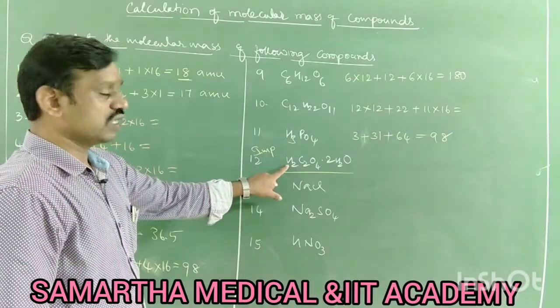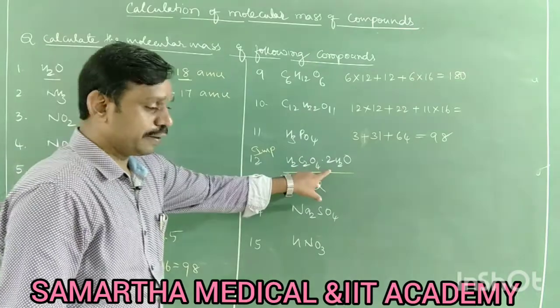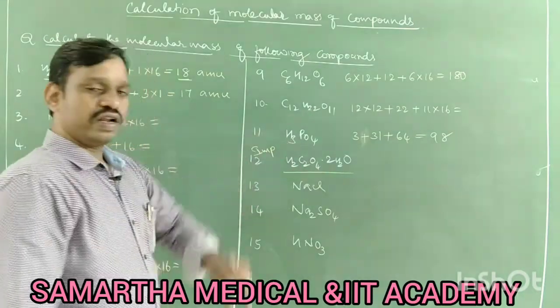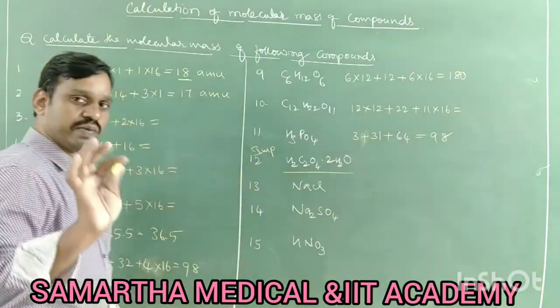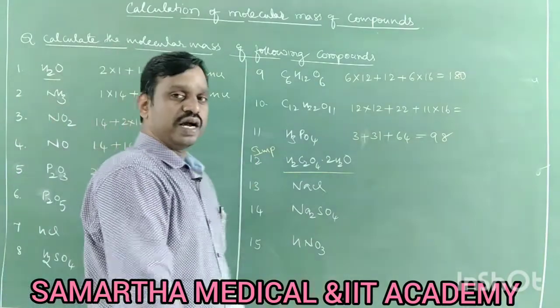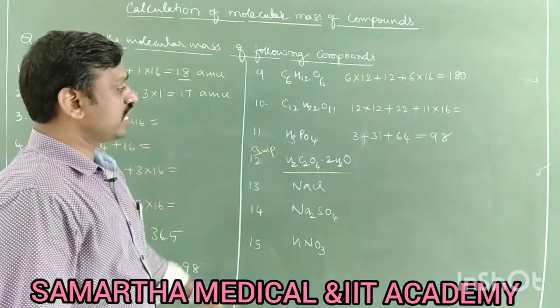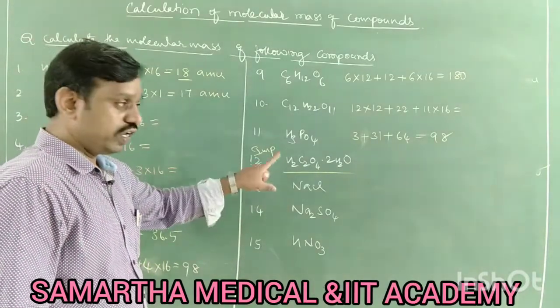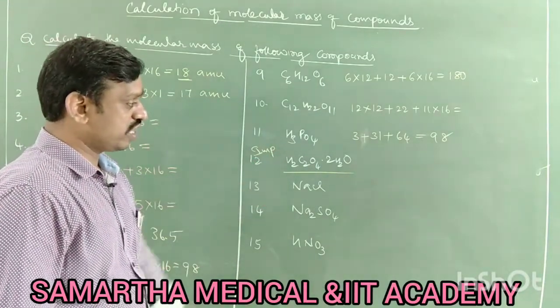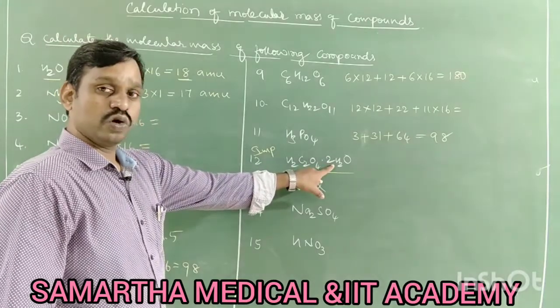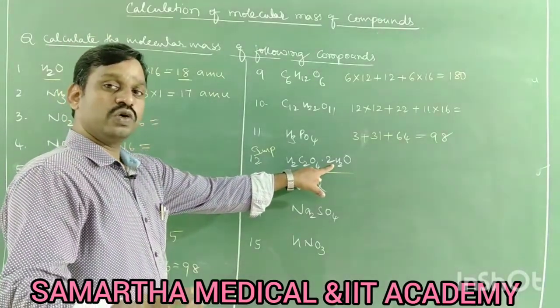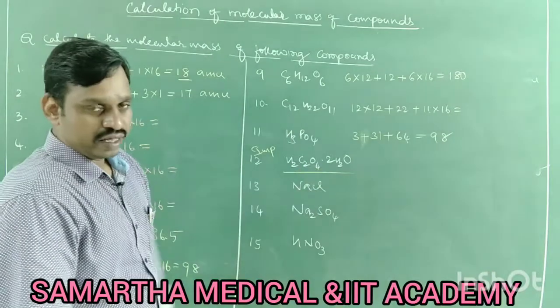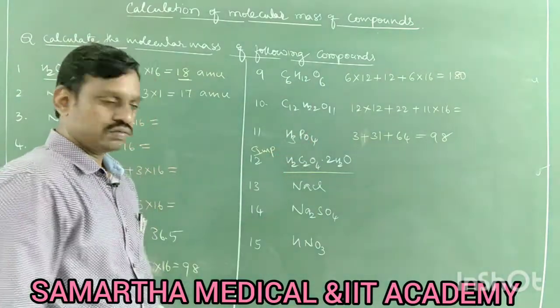Its name is oxalic acid, but it is hydrated. There are 2 water molecules. In the case of hydrated molecules, to calculate the molecular mass of the compound, we need to take into consideration that there is a water molecule also. Means the water molecule mass must also be added in the molecular mass.